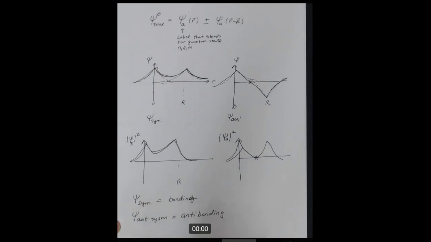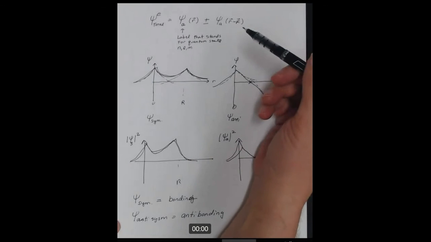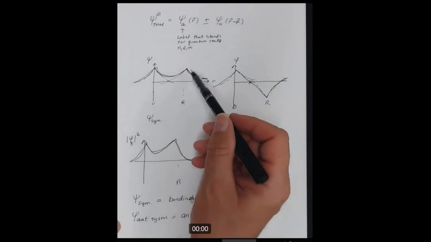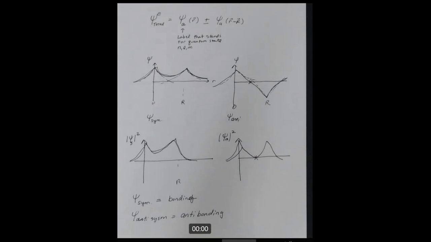Because which case do you think the electron wants to have? It wants to be in the lower energy state. So it's going to want to be in the symmetric total wave function. So the symmetric case leads to lower energy. We call that the bonding wave function, or the bonding orbital. We call these orbitals for the electron, and this is the anti-bonding orbital.